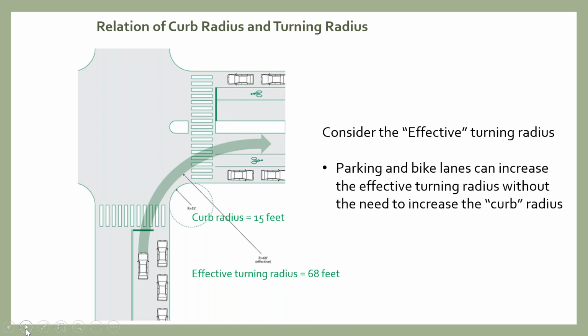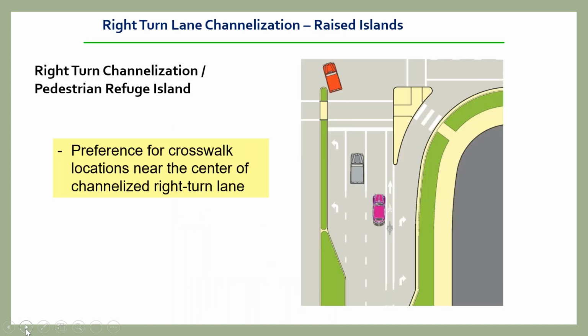So this challenge of keeping turning speed slow, yet providing for the swept path need, it is complicated. It's not a cookie cutter type of design, but is something that is important to engineer.